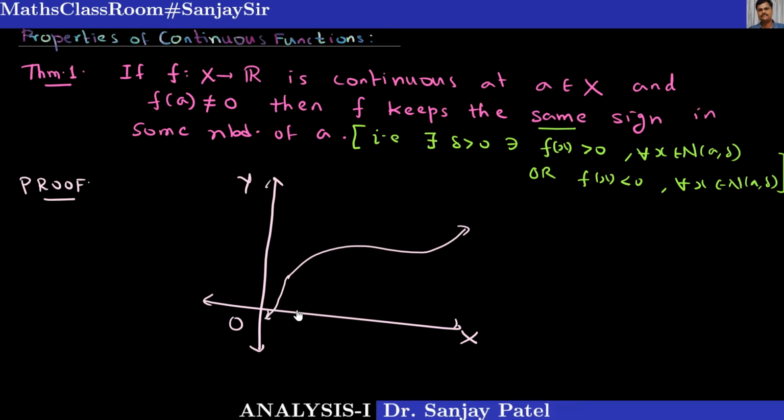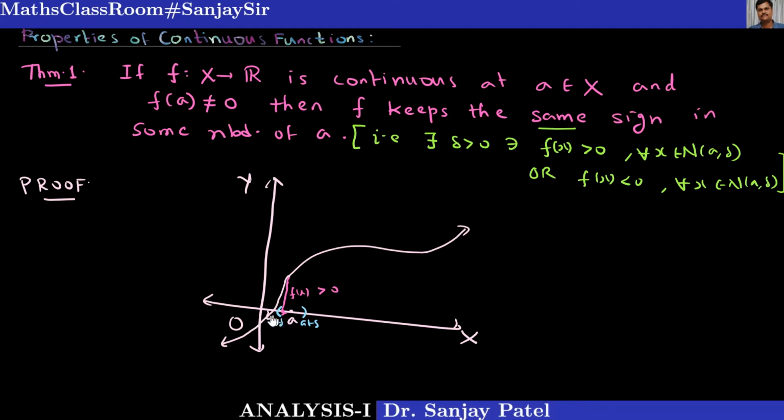If you take a point a somewhere here for which the value of the function is not 0, and let me extend the function this way, then we can always find some small neighborhood of the point a, say a minus delta and a plus delta, so that whatever point you choose in this neighborhood, say any x here, the corresponding value of the function, that is f of x, is positive as you can see in the graph.